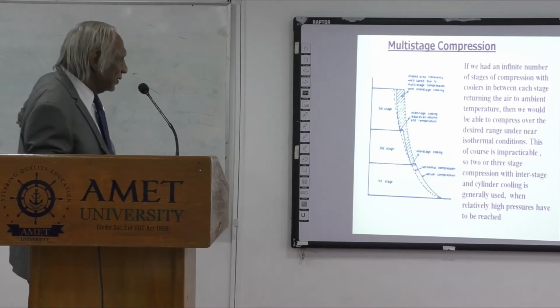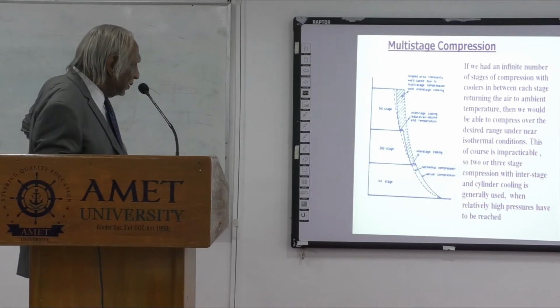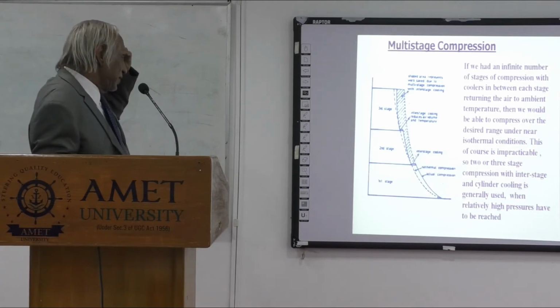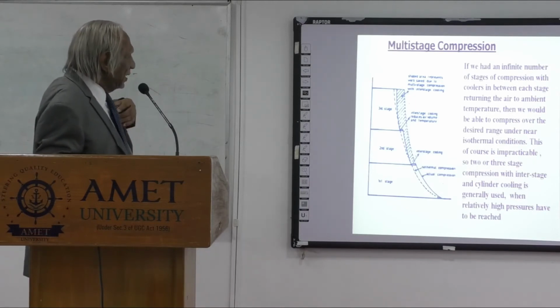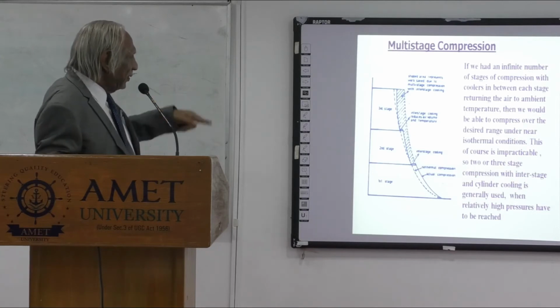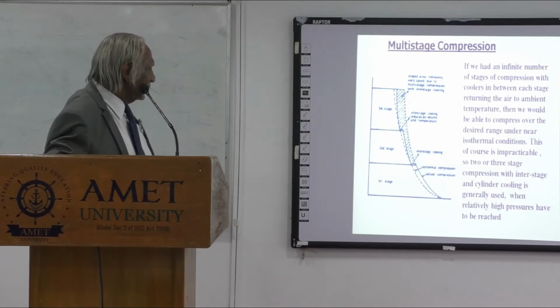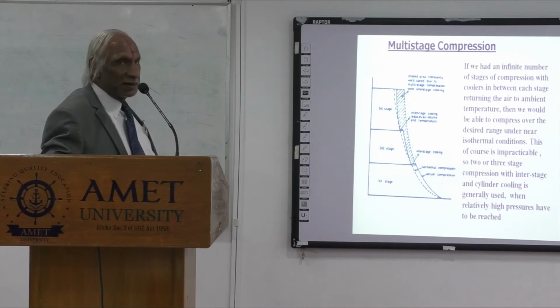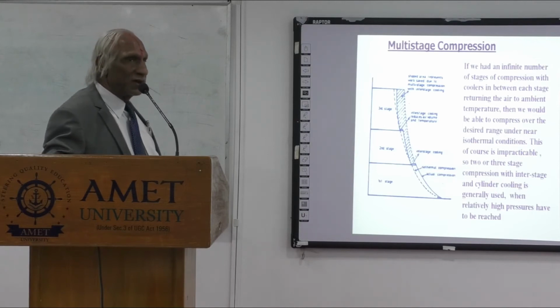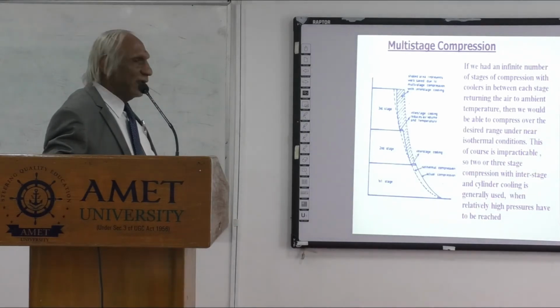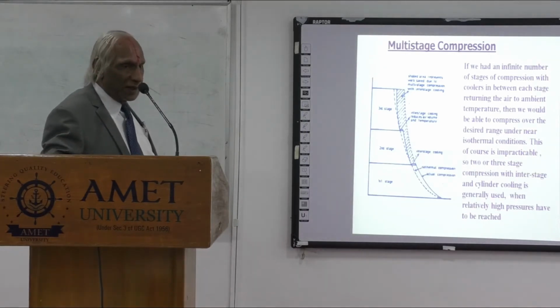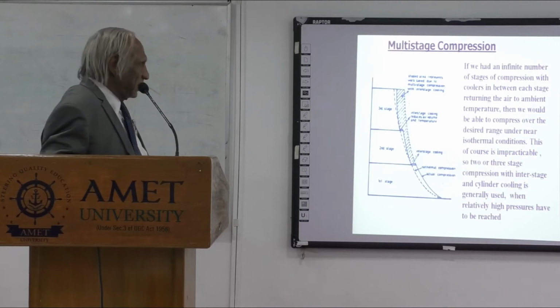Similarly, the second stage starts from the first stage delivery and goes to the end of the second stage. Again there is interstage cooling, and finally it reaches the third stage delivery pressure. From there it goes to the air bottle or air reservoir, and the air will be consumed for the various applications I have mentioned earlier.